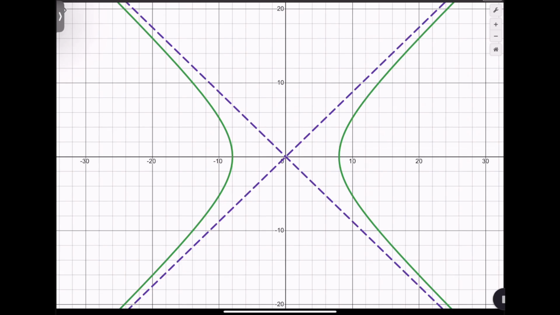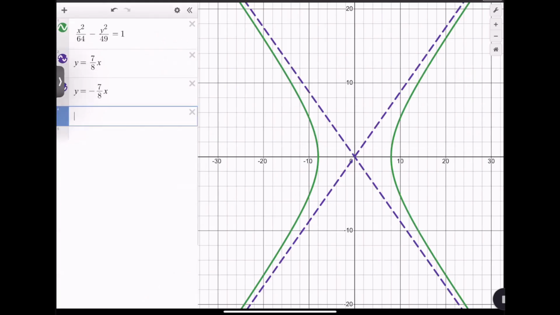But then it's going to intertwine with everything.